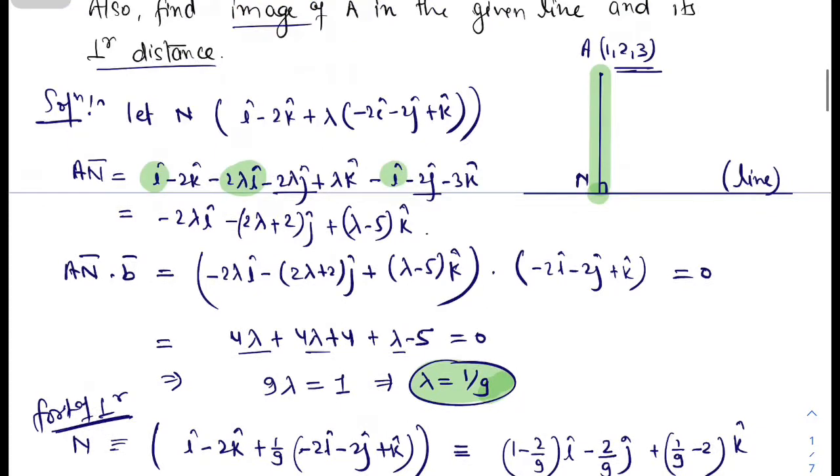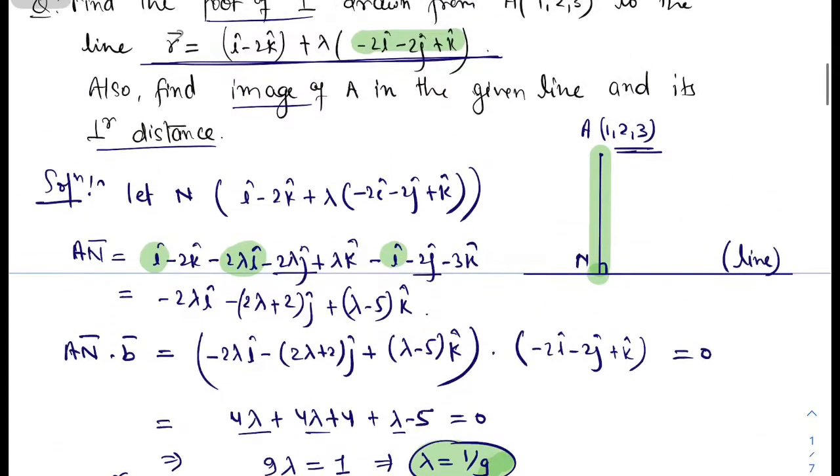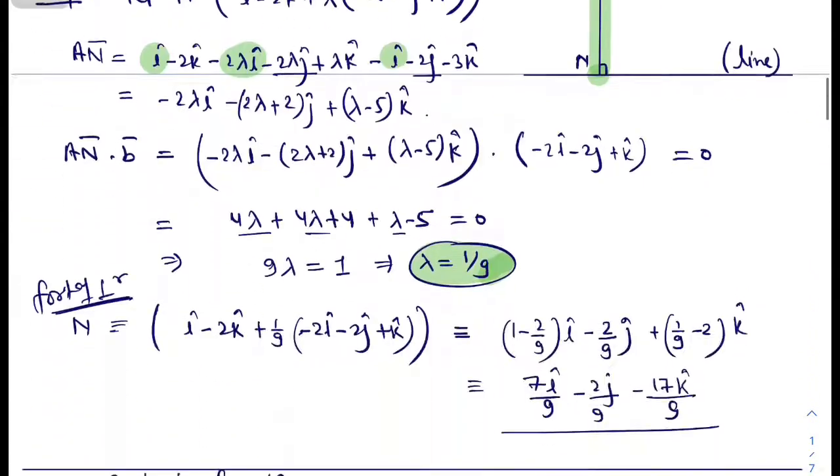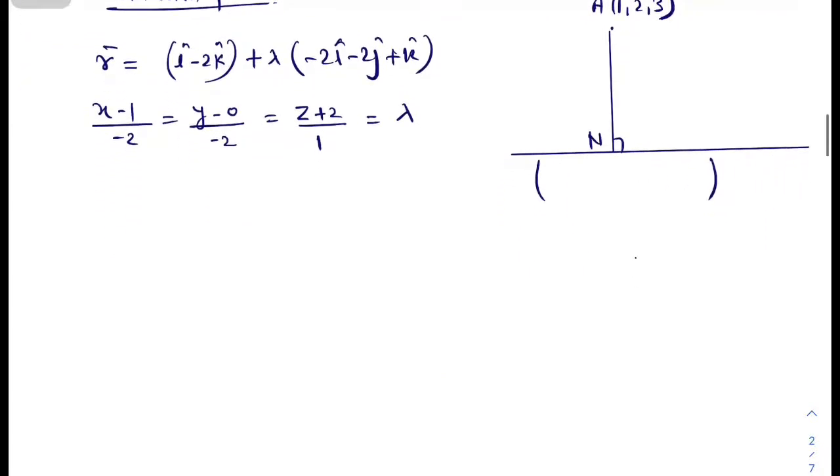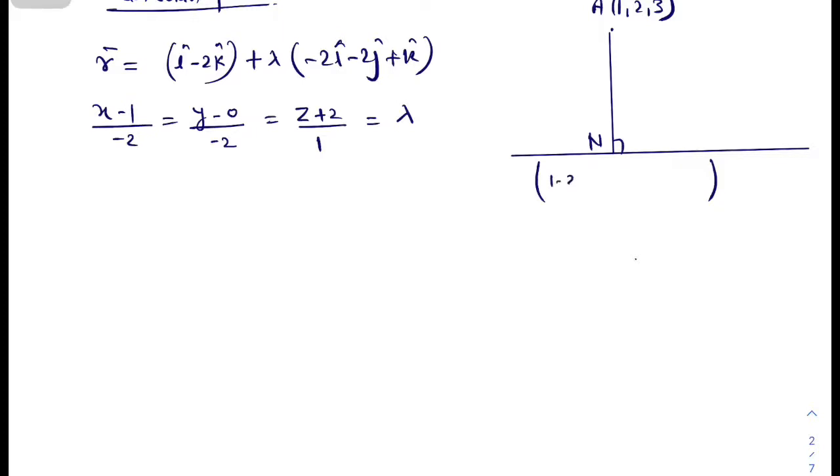Okay, I hope I have written the line correctly. I minus 2k, yes. So I can assume this point n as (1 minus 2 lambda, minus 2 lambda, lambda minus 2).